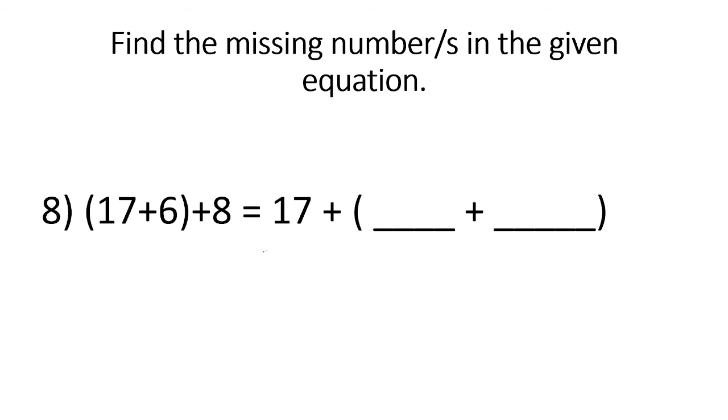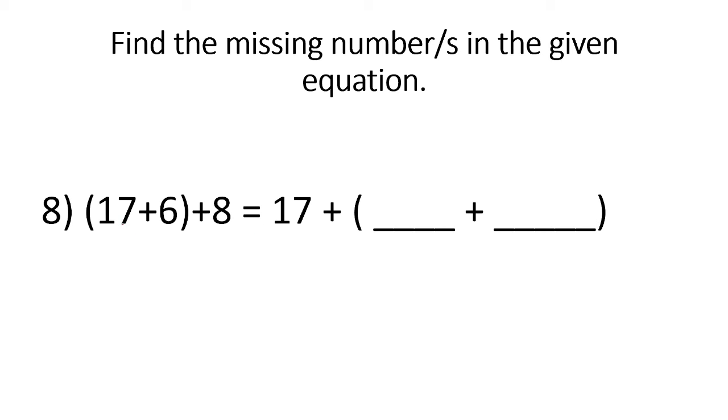Okay, number 8. So 17 plus 6 plus 8 equals 17. Itong pag grouping naman ang pinagkaiba nila, and addition yan. Meron din tayong tinatawag na associative property of addition. Kahit mag-iba-iba sila ng grupo, iisa pa rin ang sagot, as long as the same numbers sila and lahat ay addition.